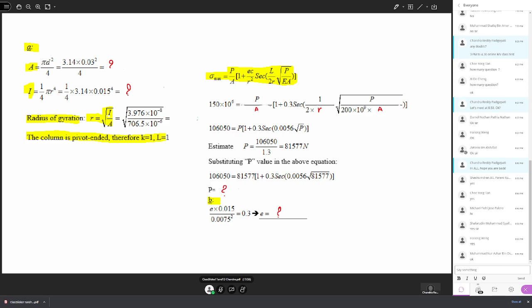This is a solid steel bar, so what will be the area? You can use pi d squared by 4 or pi r squared. Can you calculate and let me know the value of the area?